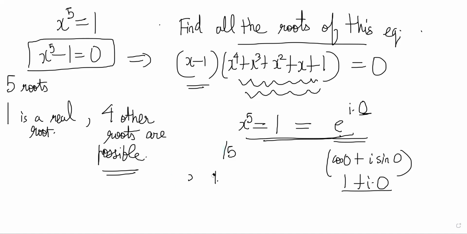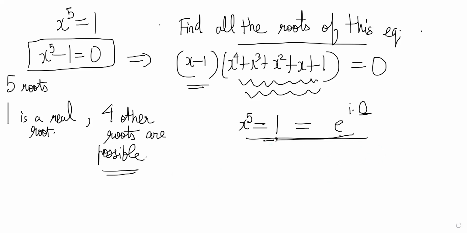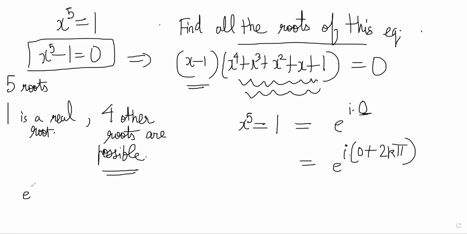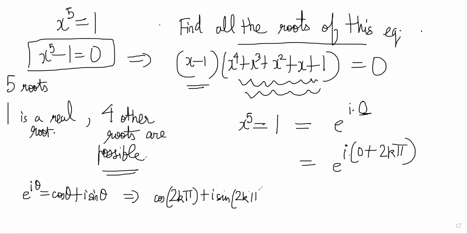So what you need to realize is that 1 can be written as e power I into 0 plus 2k pi. Because e power I theta is equal to cos theta plus I sine theta, if you take cos and sine of that, you'll get cos of 2k pi plus I sine of 2k pi, where k is an integer.